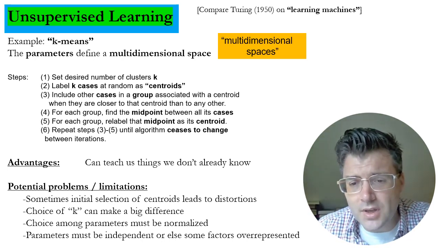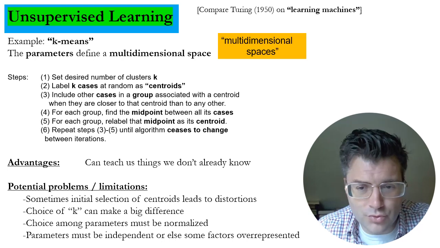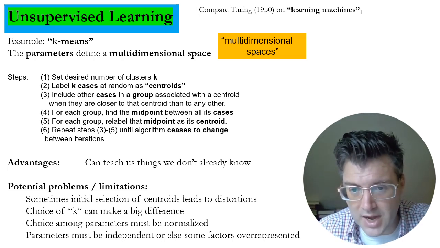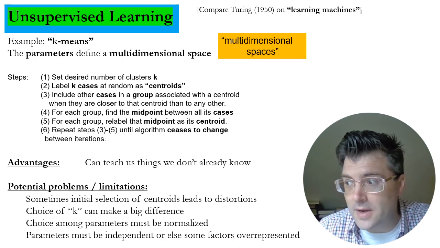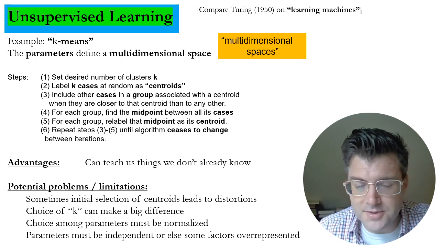But the initial placement of the centroids, which is random, can sometimes lead to distortions. And again, the usual way of handling that problem is just to run the algorithm multiple times and see whether there's some convergence on similar clusters, even after having run it several times.